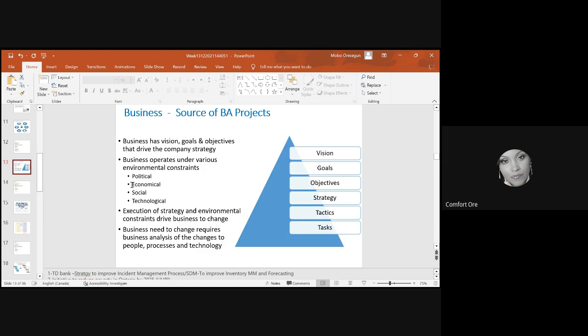Goals are long-term. They're not measurable. So when you're talking about your goal, you're saying, okay, since I've been here in Canada, I want to be successful. That's a big plan. That's huge, right? It's not measurable. How do you determine success? Some people think if I have a good career, then I'm successful.